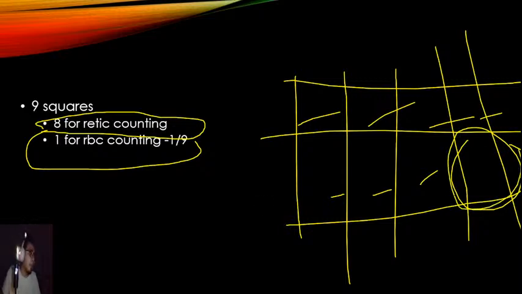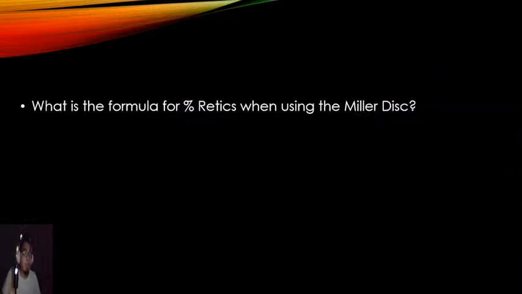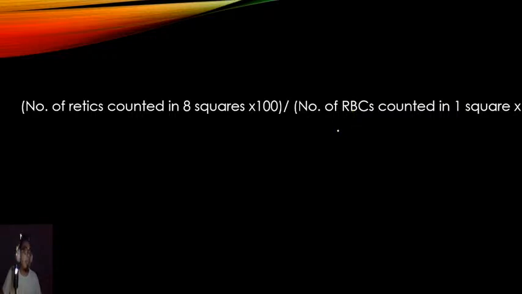Okay? Now, how do we compute? Formula using the Miller disc. You count the number of retics counted on all 8 squares, multiply it by 100, divided by the number of RBCs counted times 9. Okay?